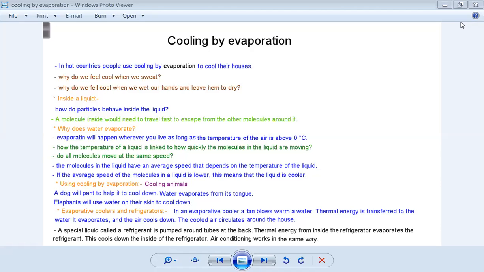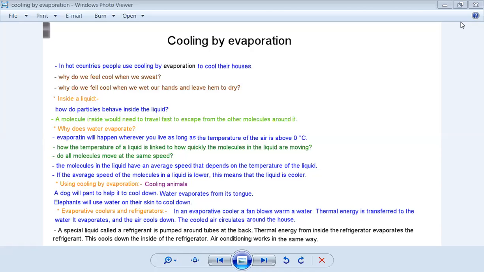Yeah. The energy, the thermal energy from our body, gets into the water drops and makes them evaporate. So that's how we feel cool. When it evaporates, we feel the coolness. So in hot countries, people use cooling by evaporation to cool their houses. In old days, they didn't have air conditioning, so they used a wet towel on their open doors.